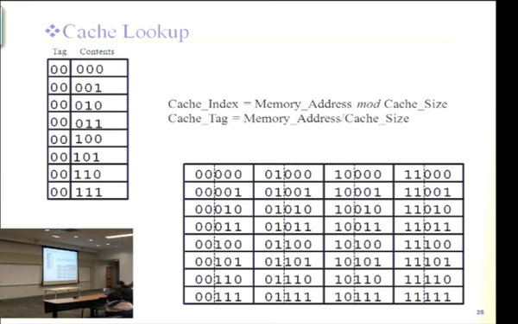When we did the direct mapping, this is the smaller cache, this is the large memory, and you have, let's say, the top 8 addresses and then the next 8 addresses, and you're mapping them to the same space. Once you map them, you have to have a way to distinguish whether it is address 0 or address 8 mapped on my address 0 in the cache. So that's why you need the tag bits.